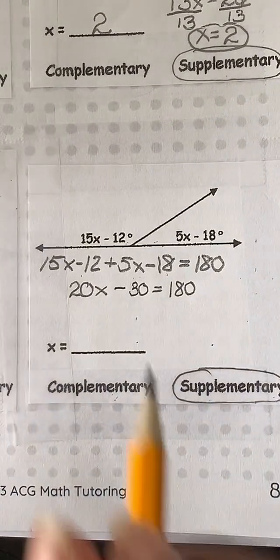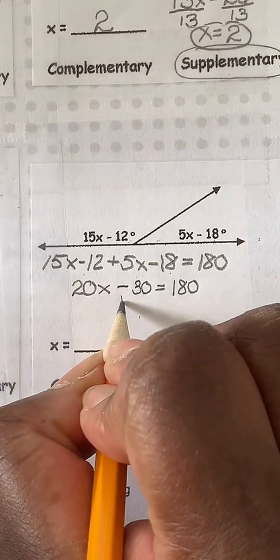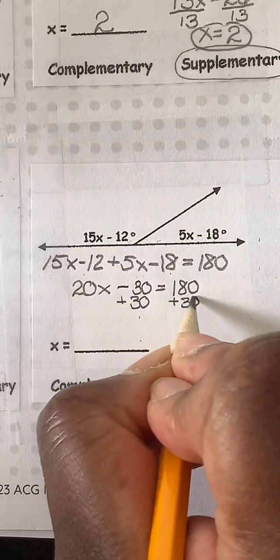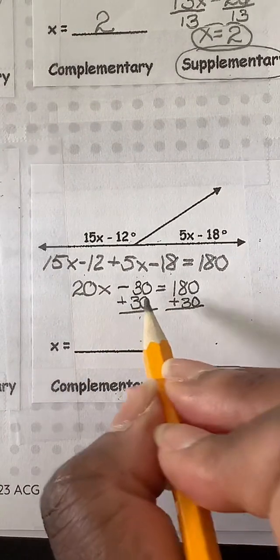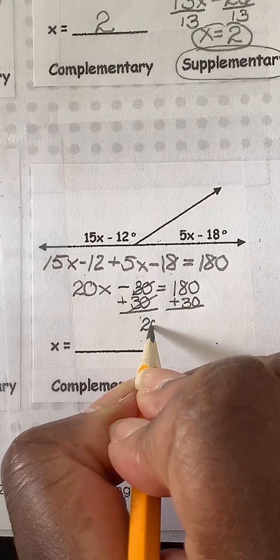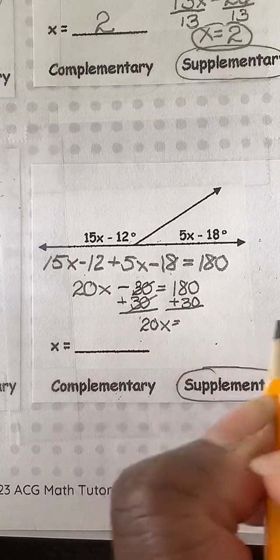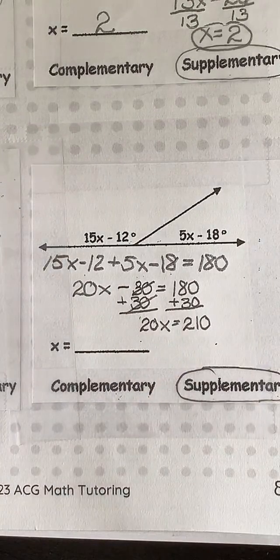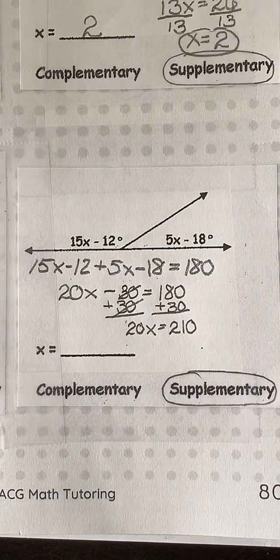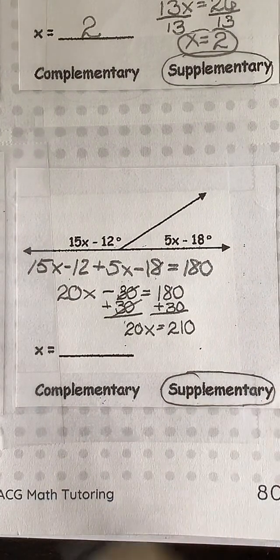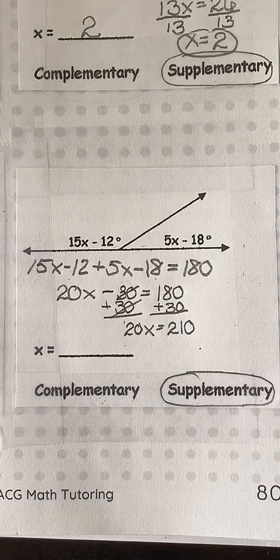Okay. All right, so now we're going to add the 30. When we add the 30, negative 30 and plus 30 will cancel out, leaving me with 20x on that side. And this will be 210 on that side. So with my 210 divided by my 20, well, both of them end in 0, so it could be 21 divided by 2 if we really want to be technical with it.